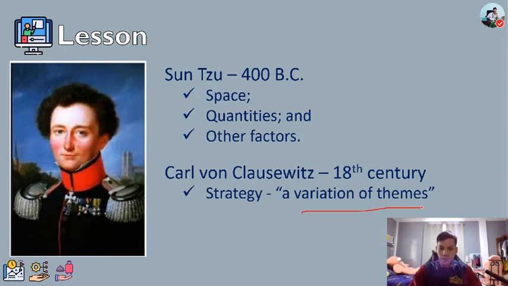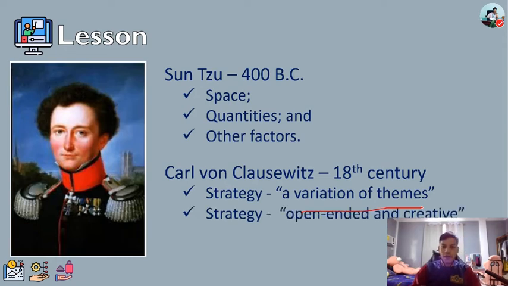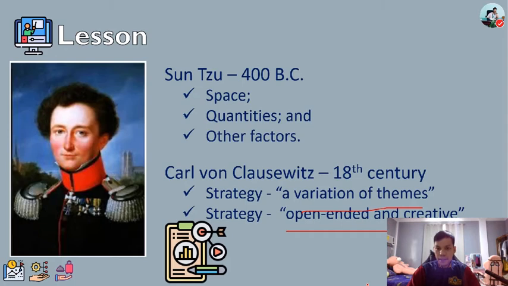According to von Clausewitz also, strategy was open-ended and creative in a situation of chaos and disorganization. This makes a more systematic and organized approach essential, which is why planning became a part of the process.